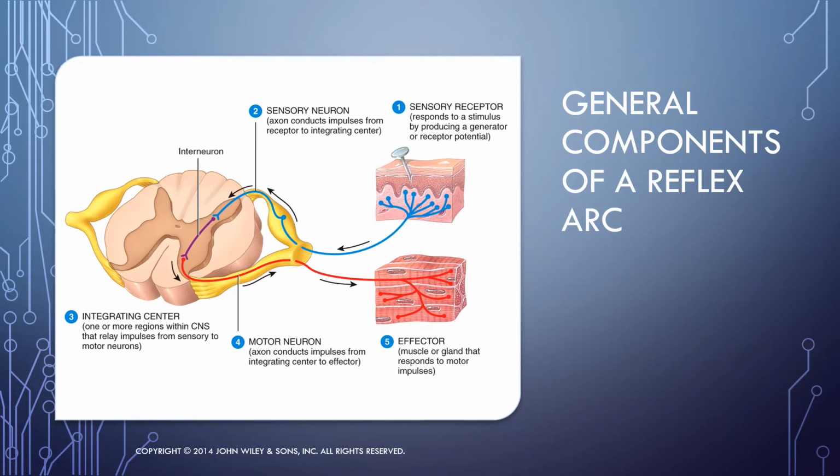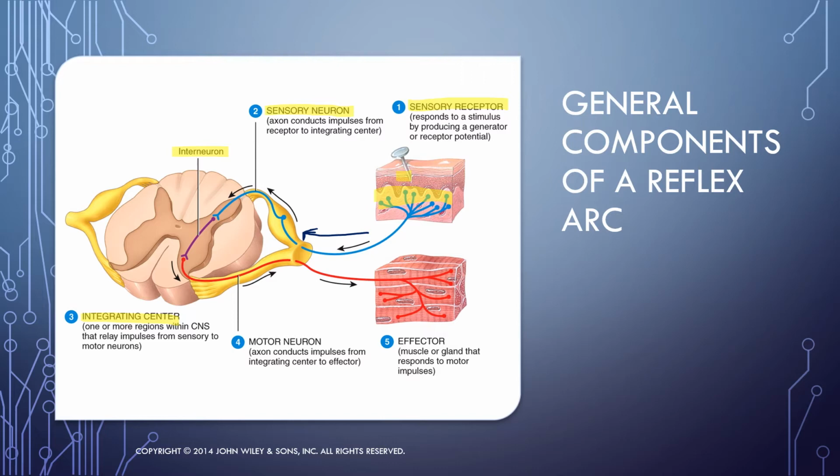First, we have a stimulus that is perceived by a sensory receptor. For example, pain, when you get a nail in the skin like this, is perceived by these sensory receptors in the skin and sends information to the spinal cord by these sensory neurons. So we have the axon conducting impulses through that sensory neuron to the interneuron, which is going to be the integrating center.